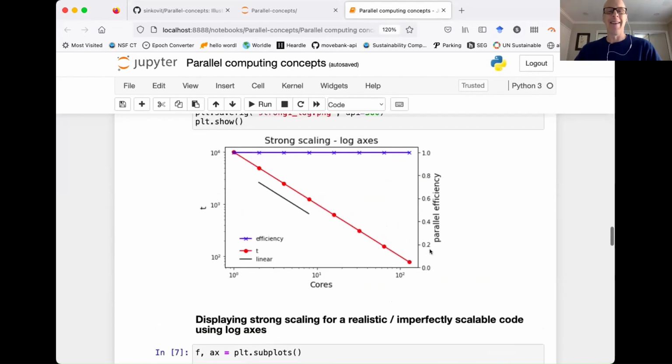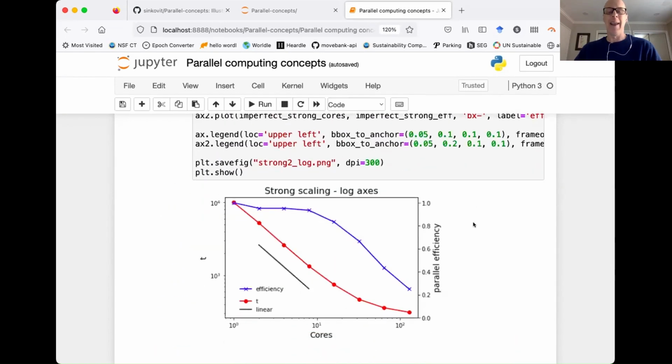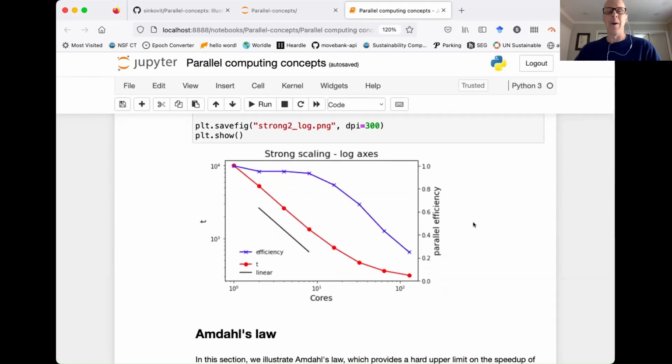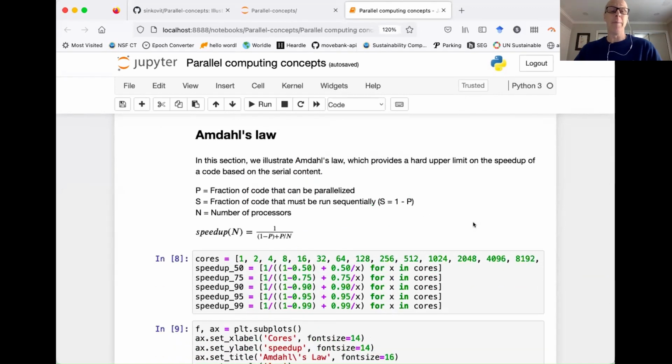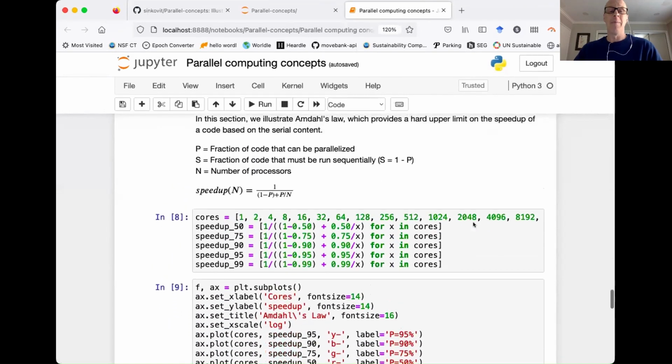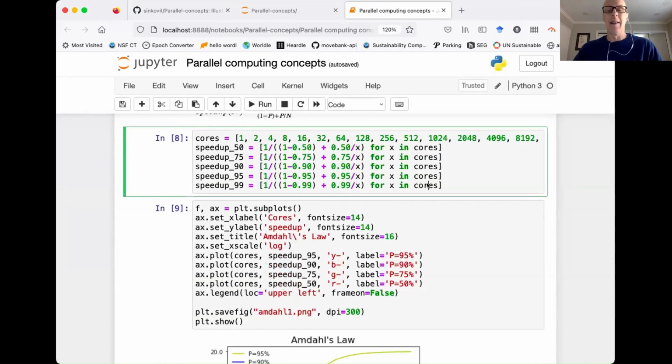So this was the figure that you saw earlier for a code with perfect scalability, and then a more realistic case of a code that has limited scalability. If you want to play around with Amdahl's law, down here I have the code that I use for generating these plots. And in fact, let's add one more line in there.